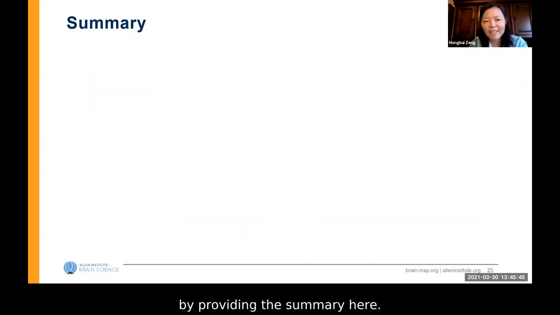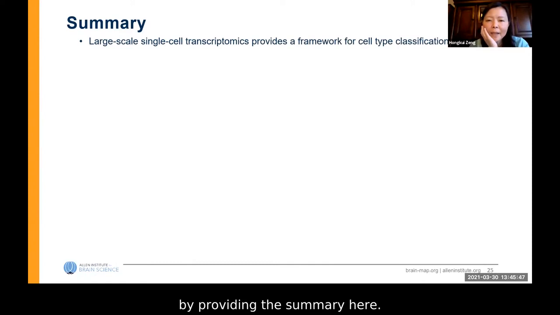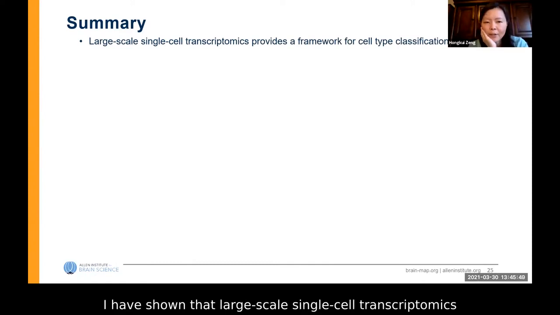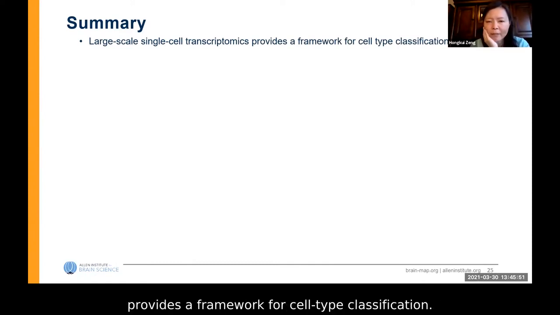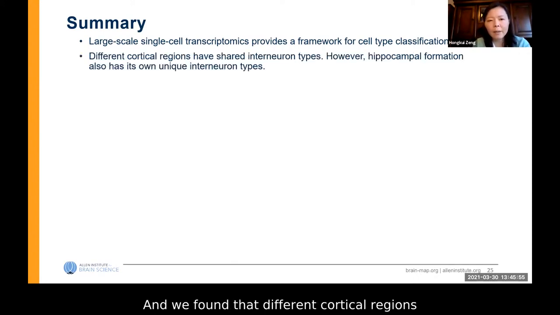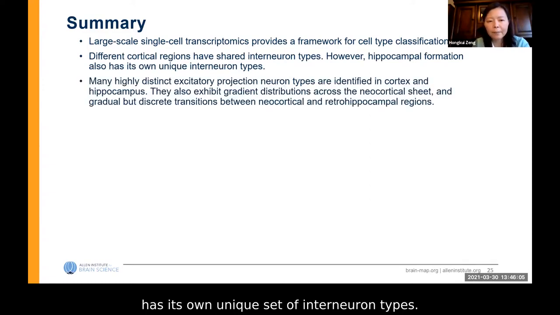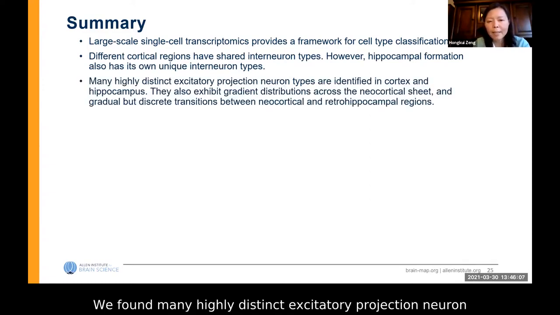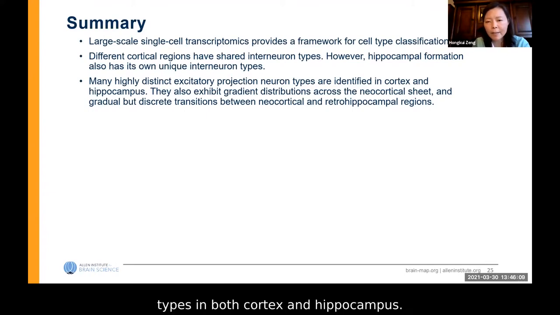by providing the summary here. I have shown that large-scale single-cell transcriptomics provides a framework for cell type classification. We found that the different cortical regions have shared interneuron types. However, hippocampal formation also has its own unique set of interneuron types. We found many highly distinct excitatory projection neuron types in both cortex and hippocampus.